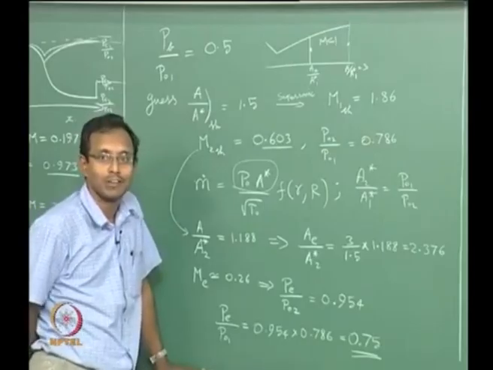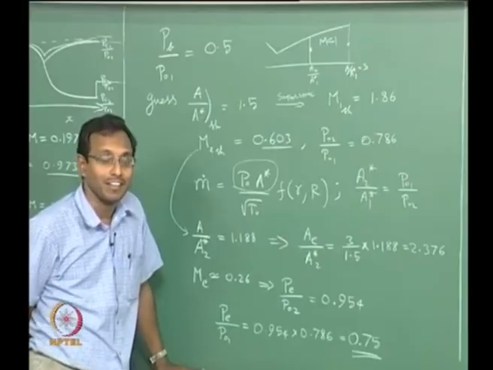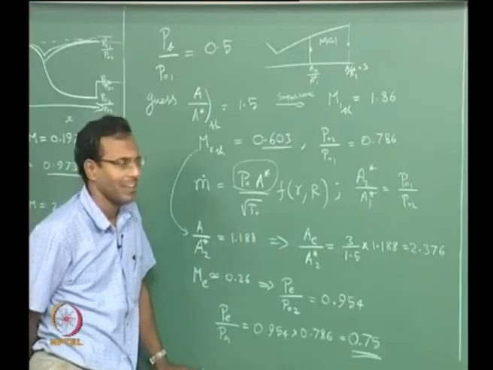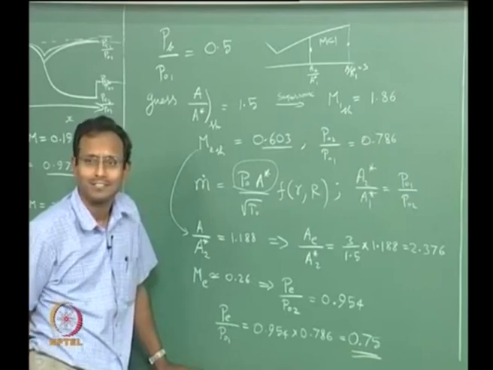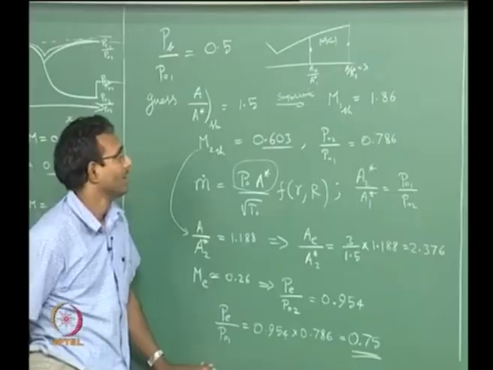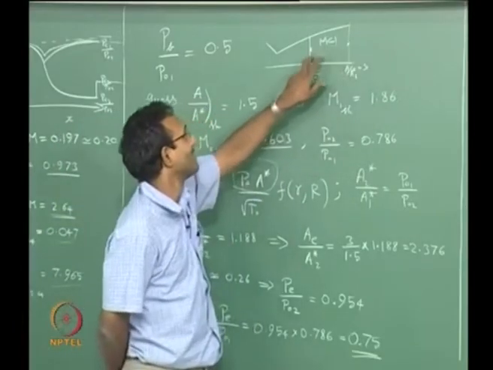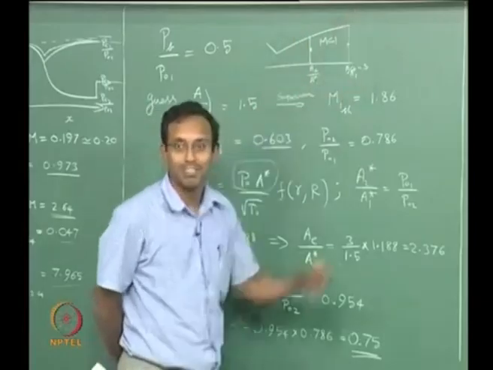Where is the shock going to locate? Area higher, area lesser? Area higher, why? We have to decrease the pressure at the exit. Expansion fans will come in, weaken the shock, and it will be thrown more out. That is one way of looking at it.